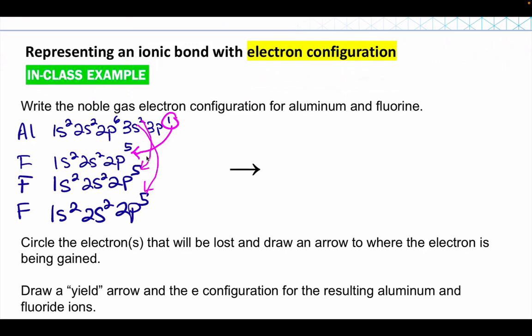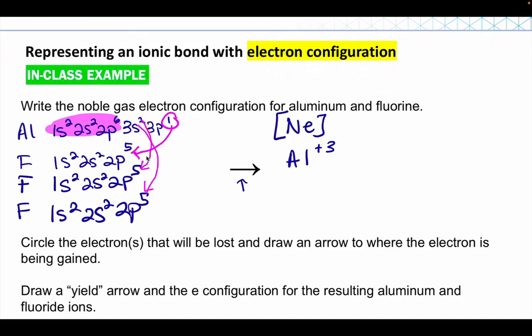The result, to the right of the yields arrow, would be aluminum, which is +3, but in terms of electron configuration, it's really neon, because the electron configuration is just these right here.